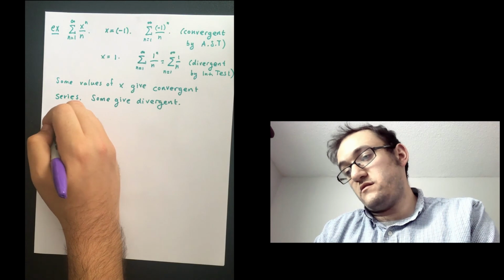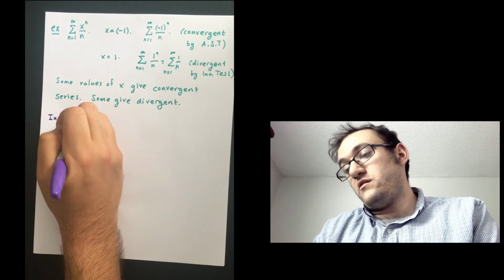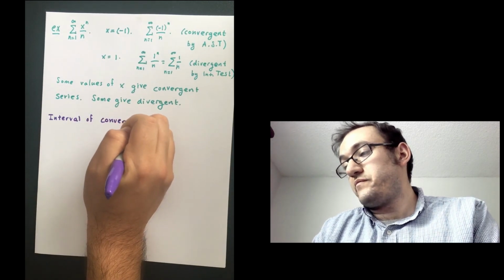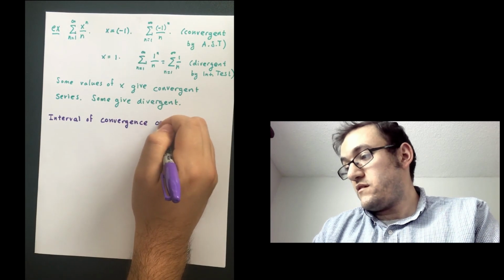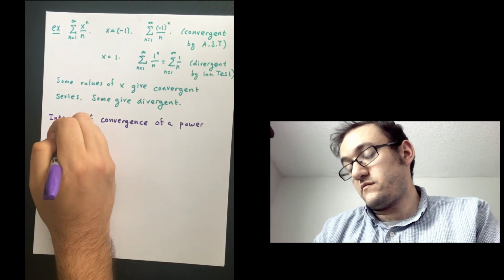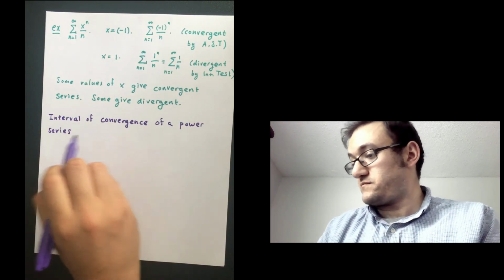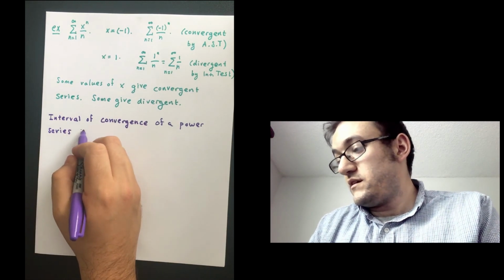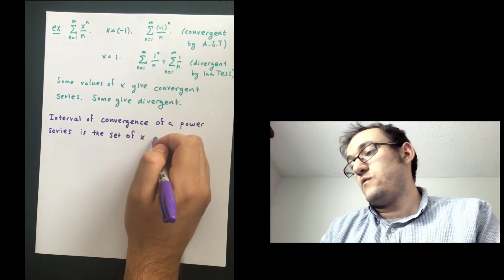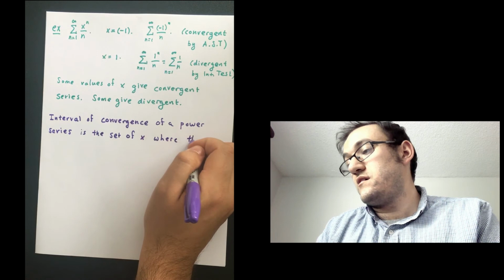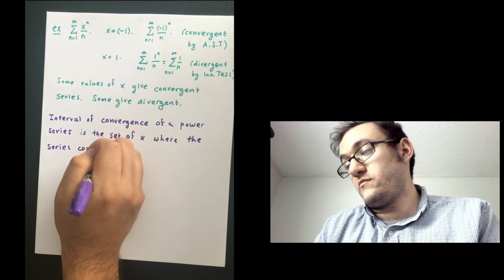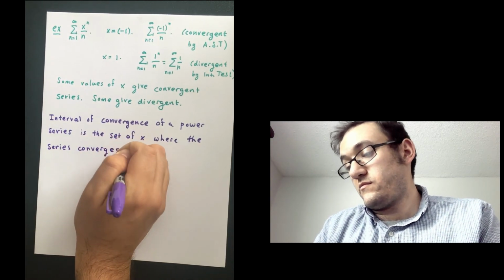So the interval of convergence of a power series is the set of x where the series converges.